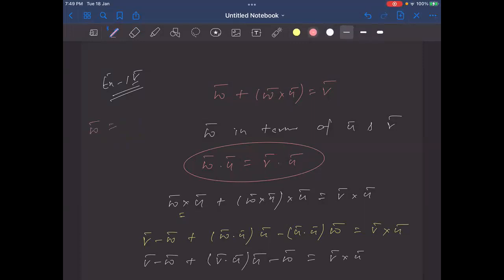W vector is nothing but vector V plus V dot U into U minus V cross U by 2. Is it correct, the value of W? Yes, sir. अच्छा, अब इसका सेकेंड एस्पेक्ट देखो क्वेश्चन का। अब क्या बोल रहा है कि भाई वो इनइक्वालिटी भी एस्टैब्लिश करना है। कौन सा इनइक्वालिटी है?